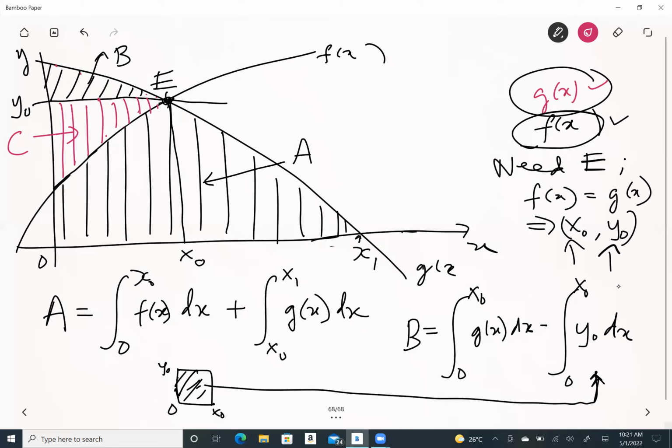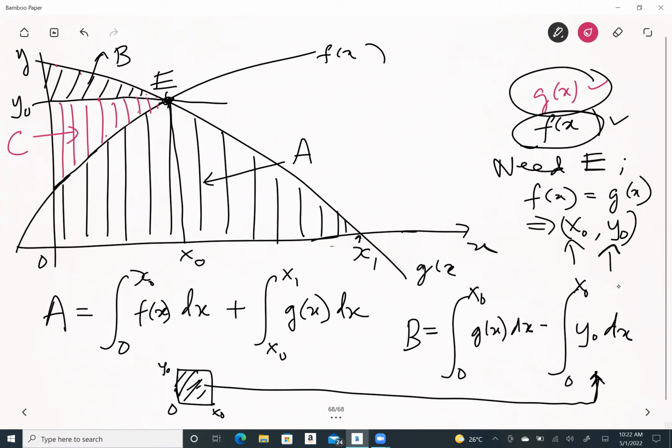So I think by now, once you understand the idea, you need to find the functions involved, and then you need to find the intervals involved.